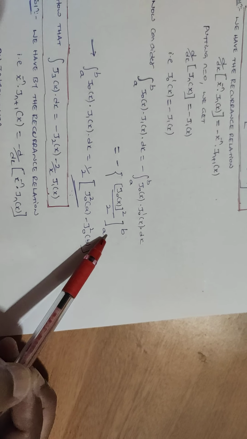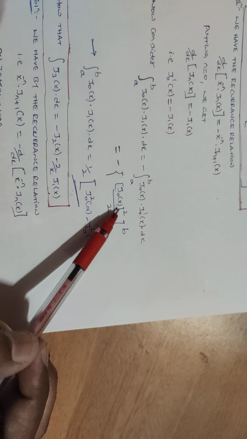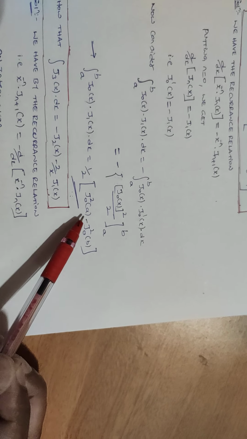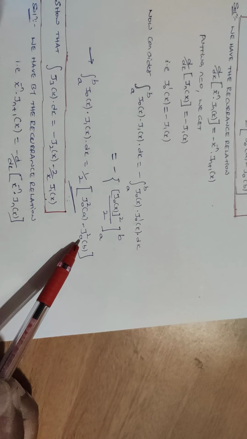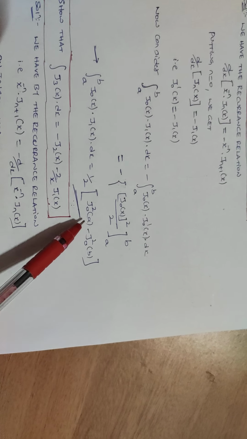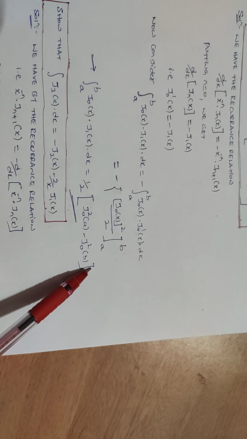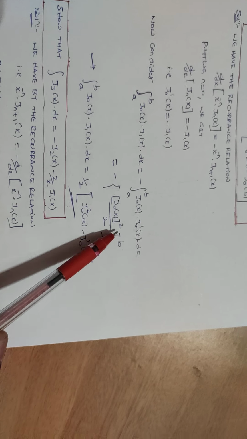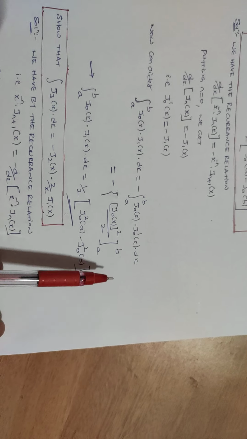Apply the limiting points from a to b. So we observe the value as j0 of a whole square minus j0 square of b. That is, we observe half into j0 square of a minus j0 square of b. That is, substitute the upper and lower limit and multiplying the negative term inside, we observe this result.